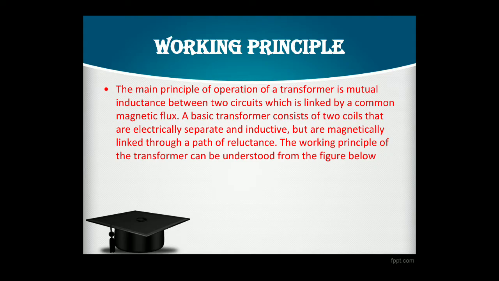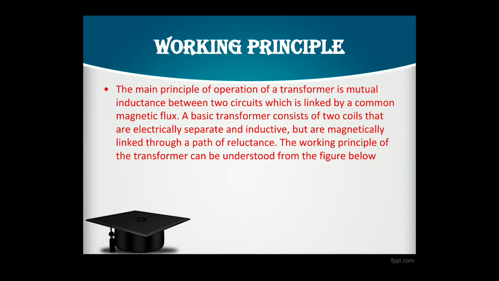A basic transformer consists of two coils, one is the primary coil and the other is the secondary coil, that are electrically separated and inductive, but are magnetically linked through a path of reluctance. So that means the two coils of a transformer are connected by a mutual inductance.